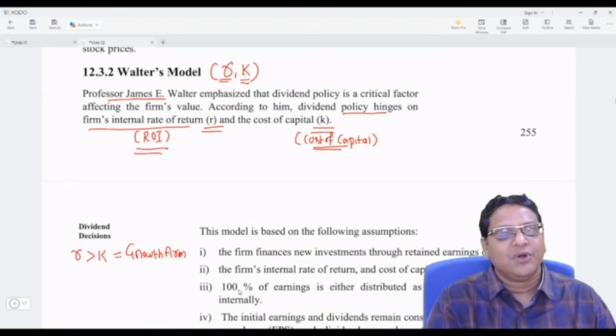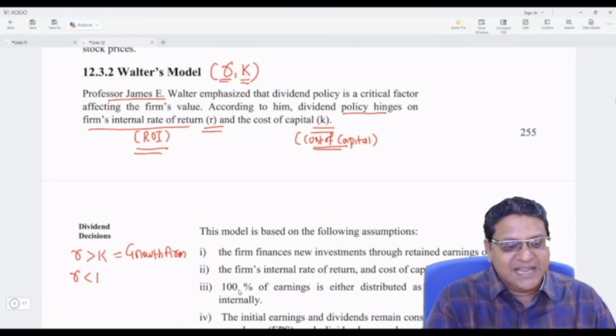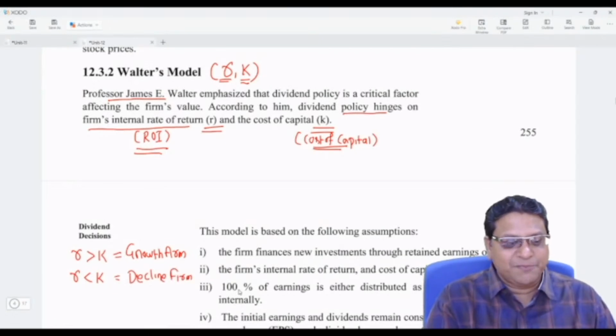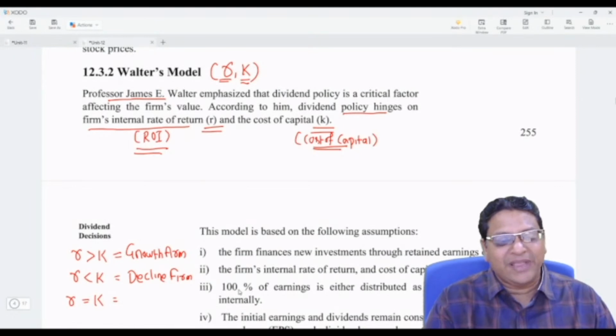A growth firm is a firm where R is greater than K. And then there is R is less than K. The firm where R is less than K, that means internal rate of return is less than its cost of capital, is known as a decline firm. Then another relationship can be between R and K: R is equal to K. The firm where R is equal to K is known as a normal firm.